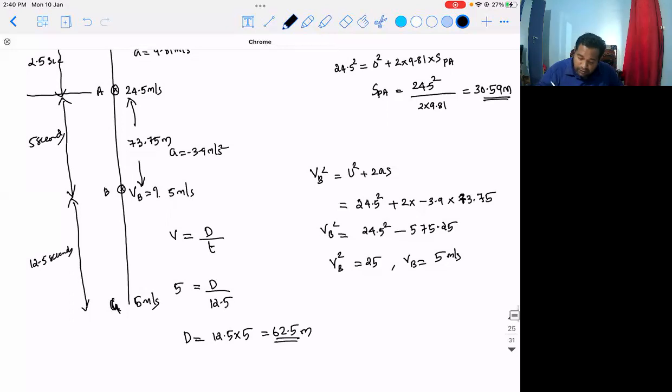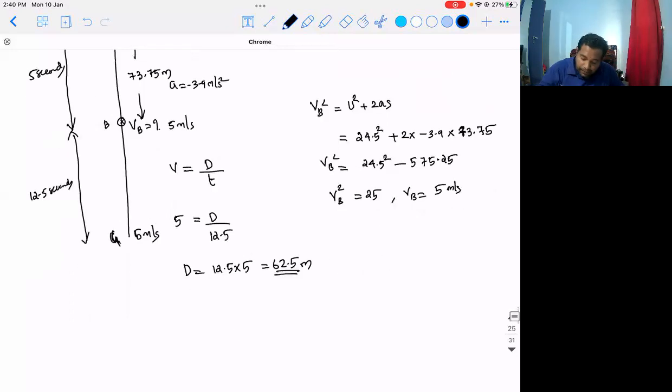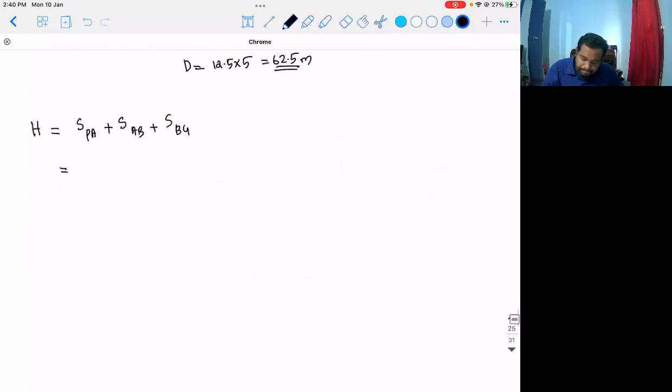Therefore, this is our D. Total distance is equal to S_BA plus S_AB plus S_BG. S_BA we got as 30.59. This is 73.75. This is 62.5.